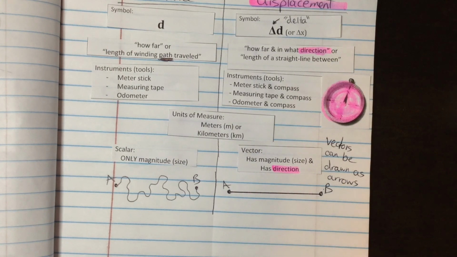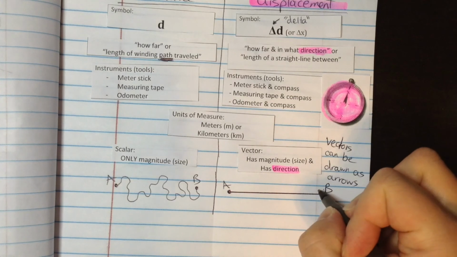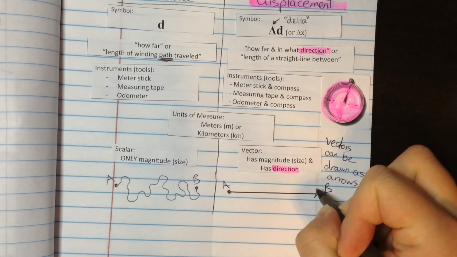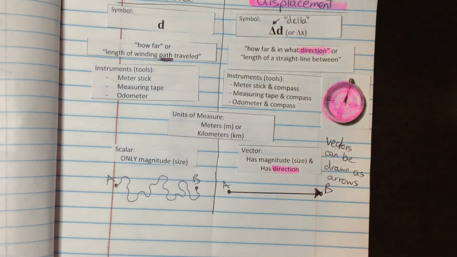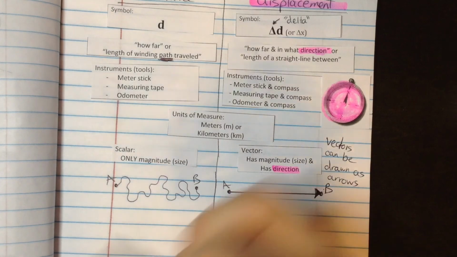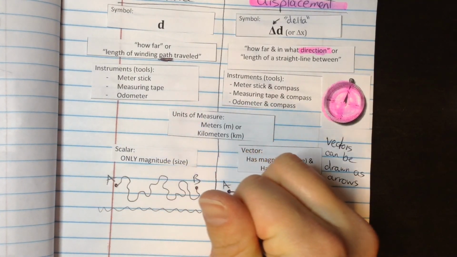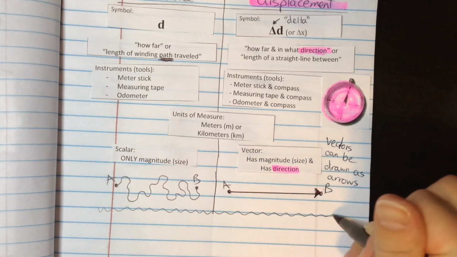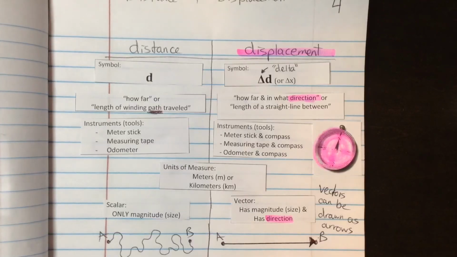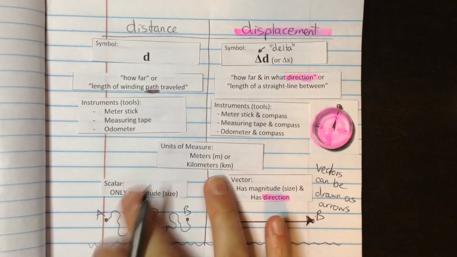So if I'm going from point A to point B, it's a straight line, but it's actually an arrow pointing at where I'm going. So that is a vector. Now, take a moment, draw a little squiggly line to separate the notes. We're going to change concepts. So this is distance and displacement, the compare and contrast.